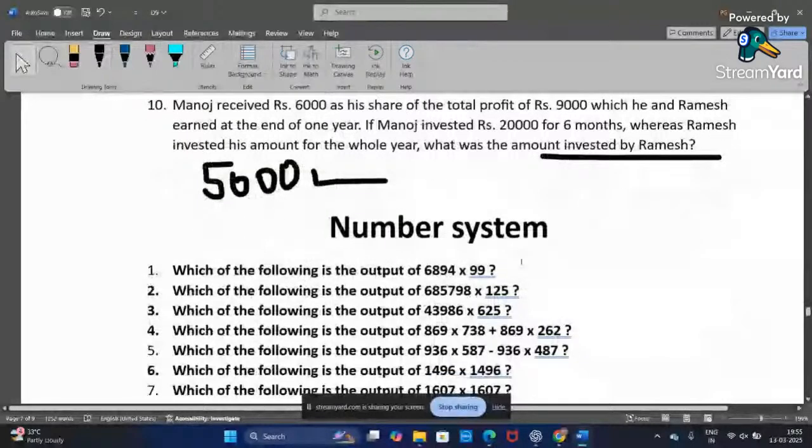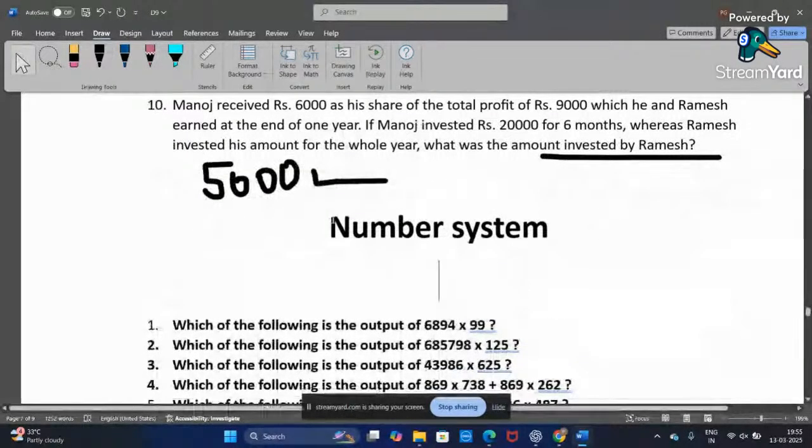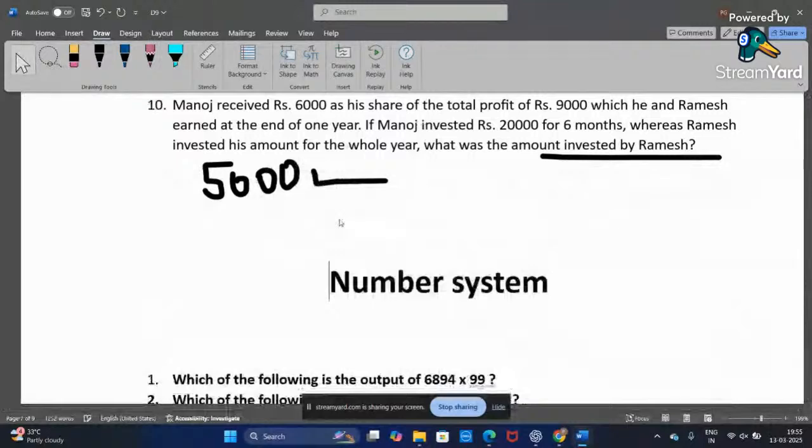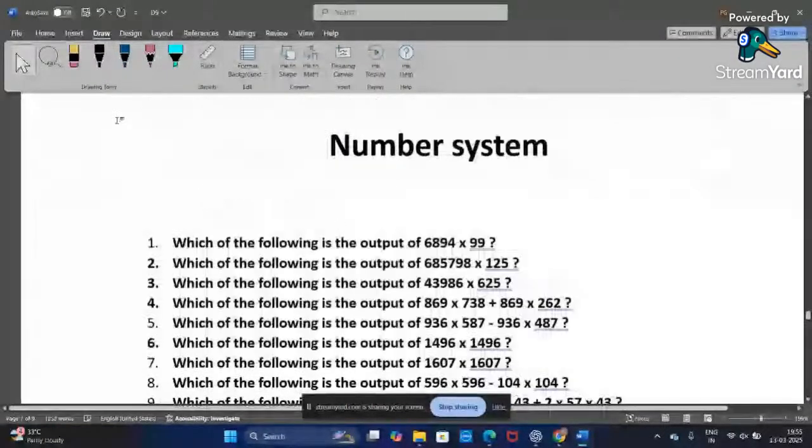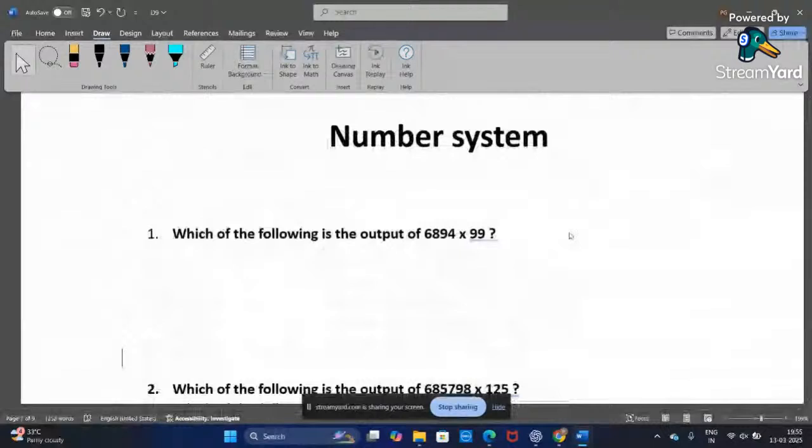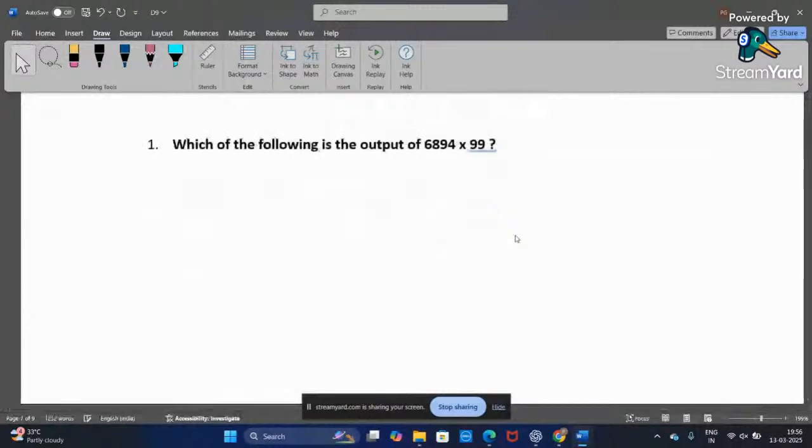Now let us move on to number system. See, like this type of question, what everyone will do, they just multiply this number with this number, right? Instead of doing like that, let us multiply with 100, because for 99, 100 is the nearest number, right?